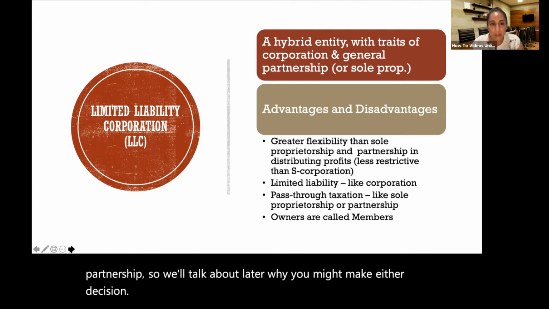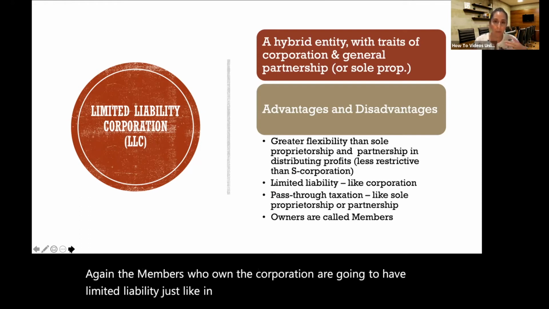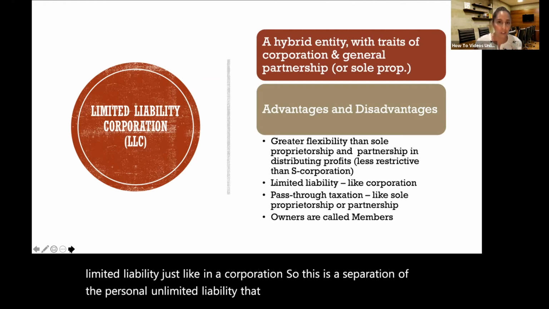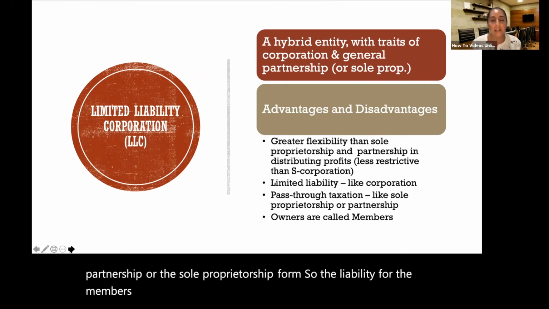Again, the members who own the corporation are going to have limited liability, just like in a corporation. So this is a separation of the personal unlimited liability that we talked about in the partnership or the sole proprietorship form. So the liability for the members who own the LLC is going to be limited to whatever they've invested in the company.